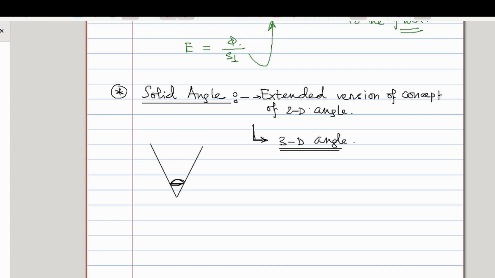How 2D angle was defined? The angle enclosed by these two lines, these two radius of the circle. If this was the S, this was the R, this radius of the circle is R, this is the theta, then S is equals to R theta. And here we can define like this.